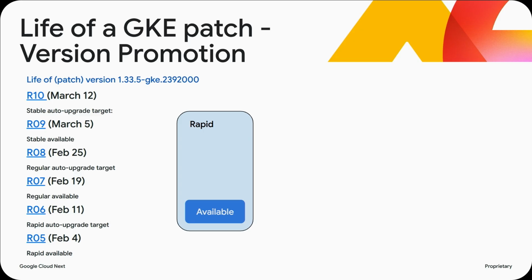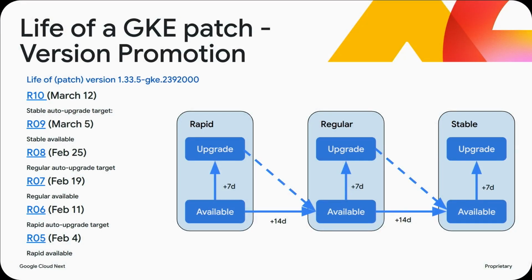Again, if we don't find any issue, in the best case scenario, in 5 weeks, you're going to be on the auto-upgrade target in stable. And if we find some issues, a version might not be promoted or might be delayed. So this is basically the life of a GKE patch. And at the end, you get your auto-upgrade in stable.